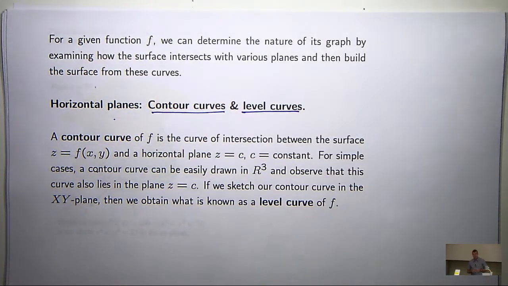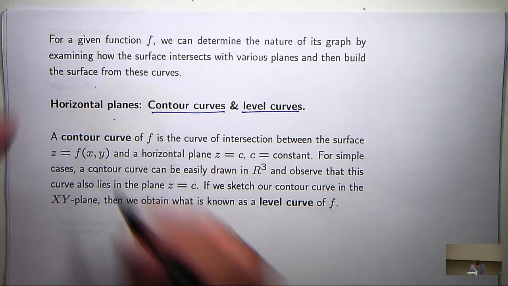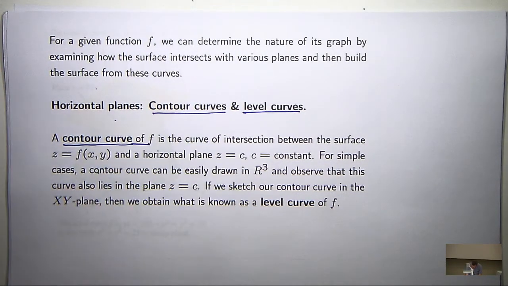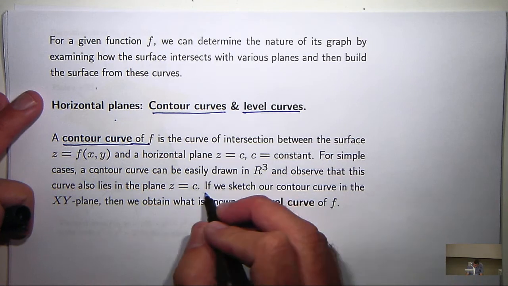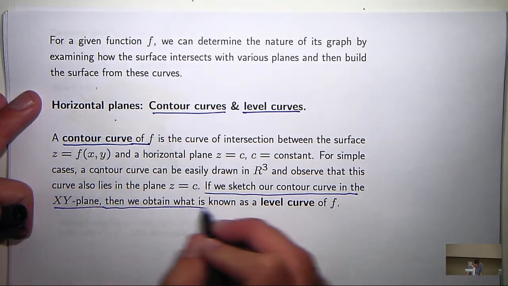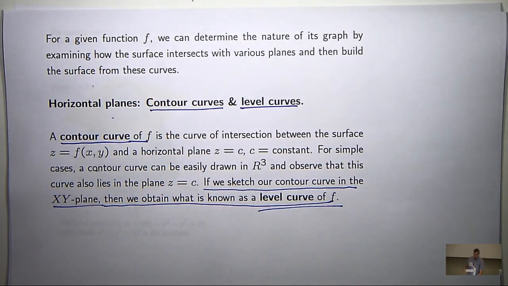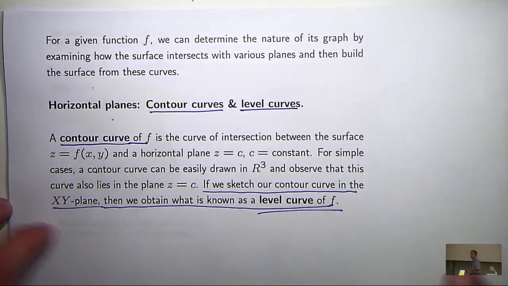I'll give you a good picture of what I mean by that in a second. Now, if we sketch our contour curve in the xy plane, then we obtain what is known as a level curve of f. Let me give you an example of what that means.